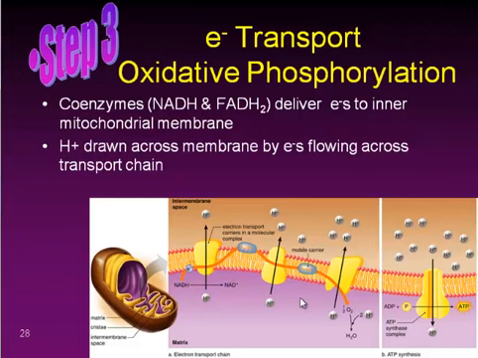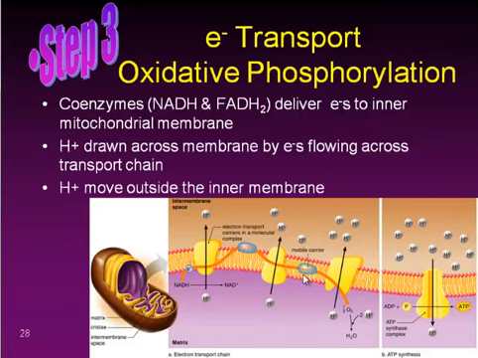That's what ends up happening as a result of this. How that happens, we're not going to focus too much on. Just accept the fact that when you have electrons flowing through a membrane, it creates a chemical condition where protons can actually pass across. Okay? So, the protons end up moving outside the inner membrane and they start building up on one side.